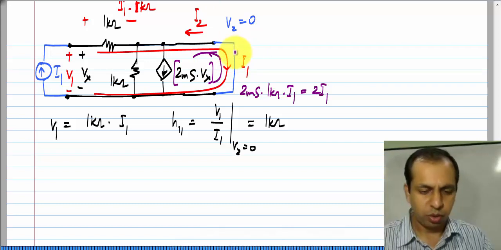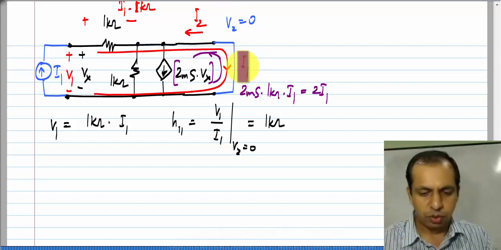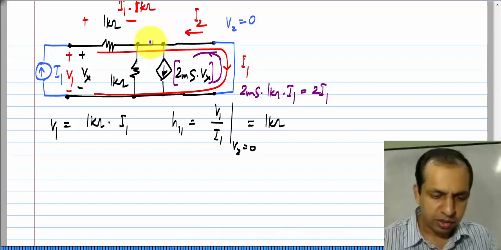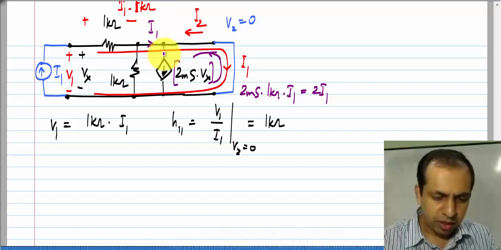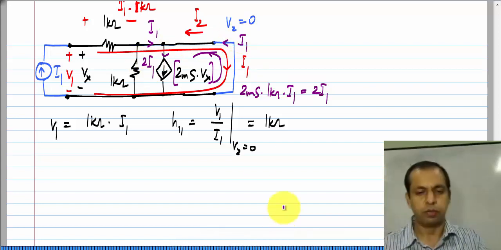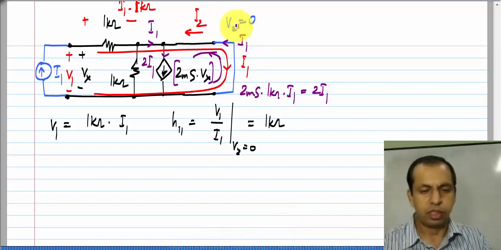So, the actual current that is flowing in this short circuit, the total current, I just showed this I1 over there, it is not the current flowing here. The actual current flowing there is the sum of I1 which is coming from there and 2 I1 which is going there, which is equal to I1 flowing that way. So, I2 will be exactly equal to I1 in this particular case.